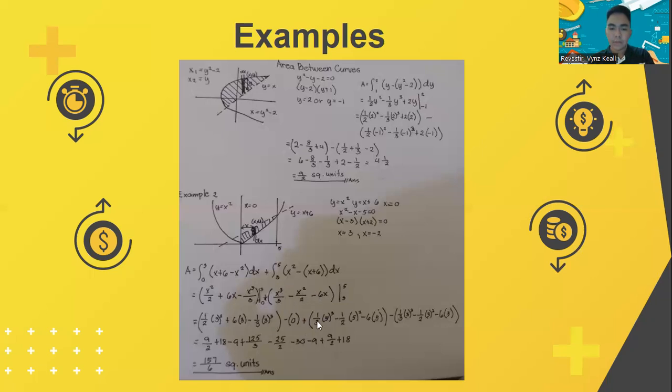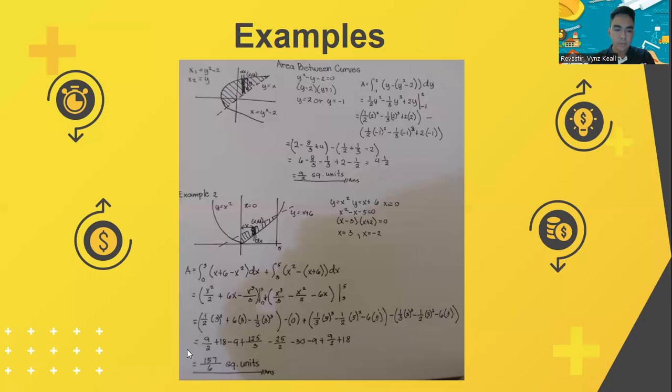So 1/3 times 5 cubed minus 1/2 times 5 squared minus 6 times 5, minus 1/3 times 3 cubed minus 1/2 times 3 squared minus 6 times 3.